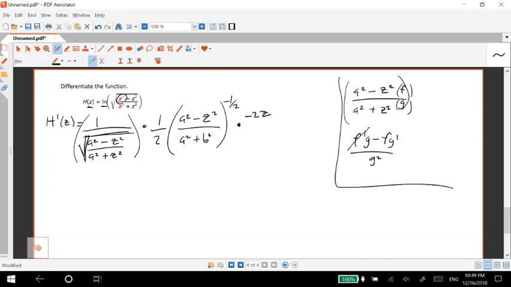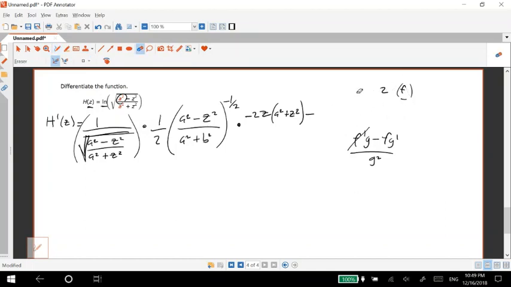And so there's our f prime times g. G is our denominator, so a squared plus z squared minus f, which is the whole numerator. Let me get rid of this so I've got room.